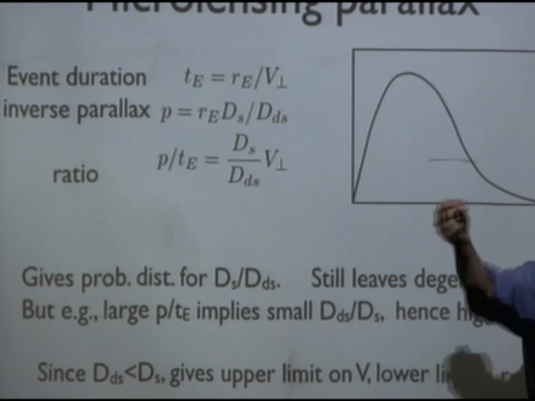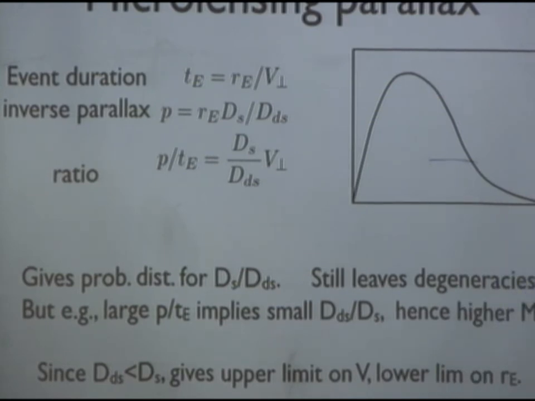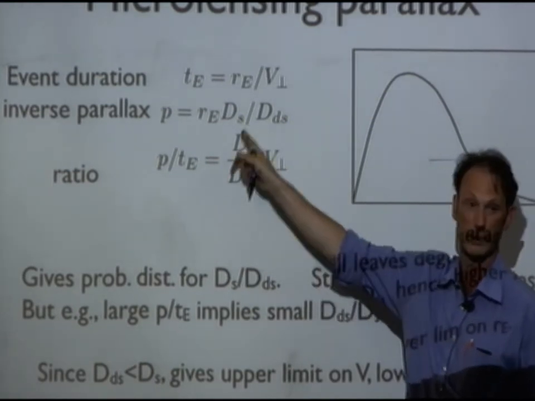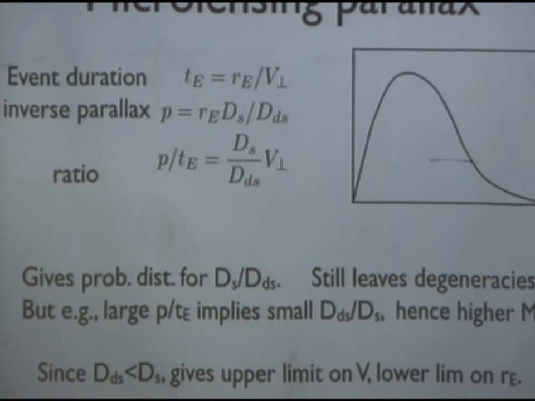So it tells you something about where the lens is along the line of sight. And if you know something about the typical velocities, that means you can work out something about the probability of where the lens is. And so there's all kinds of statistical techniques to incorporate all this information in an optimal way. This really just illustrates the fact that it adds extra information.